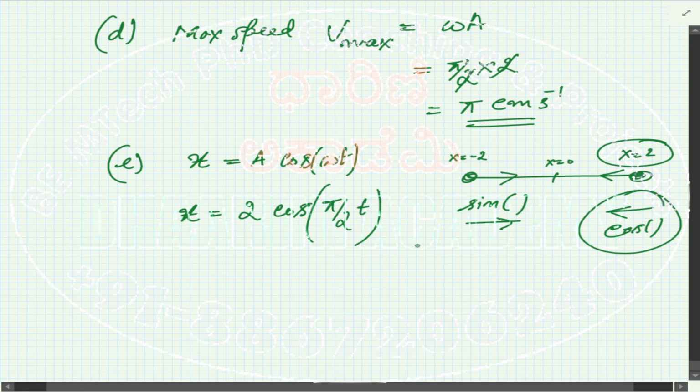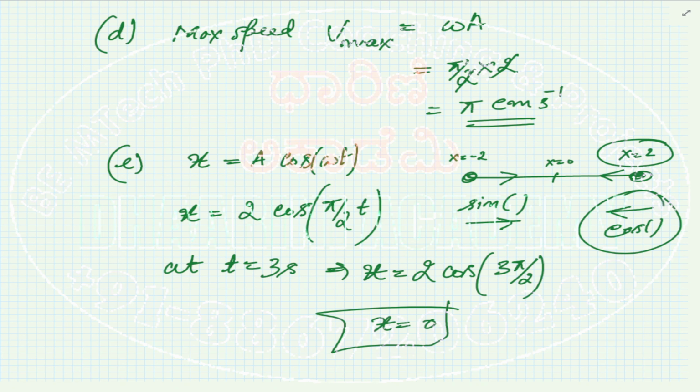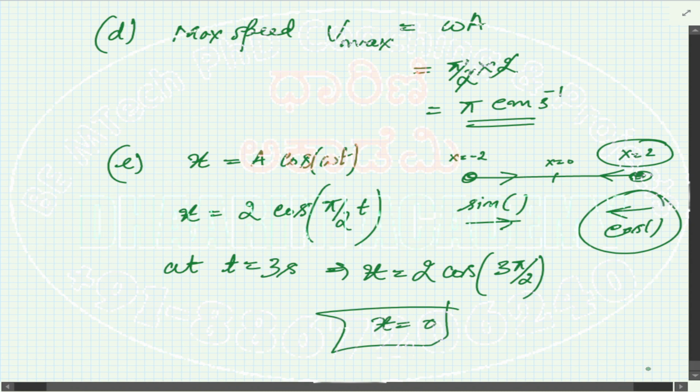Now you put t is equal to 3 seconds, x is equal to 2 times cos of 3 times pi by 2. Right? Cos 3 pi by 2 is 0, so x equal to 0. So at 3 seconds, this is exactly at the center.